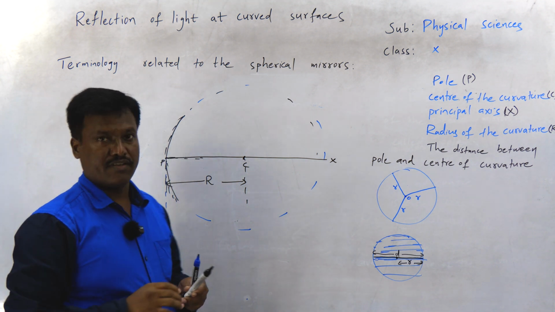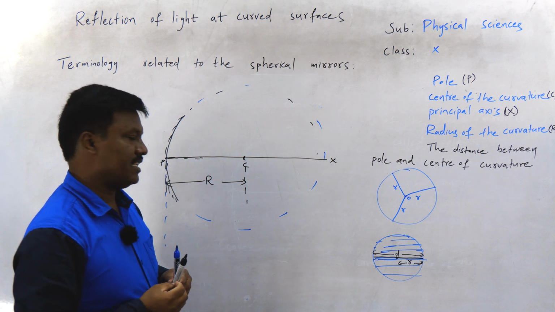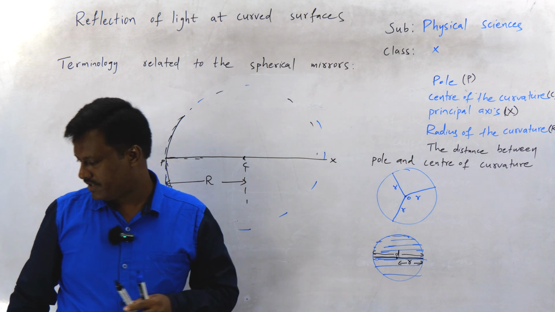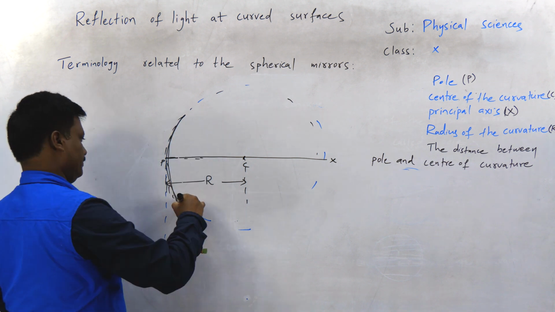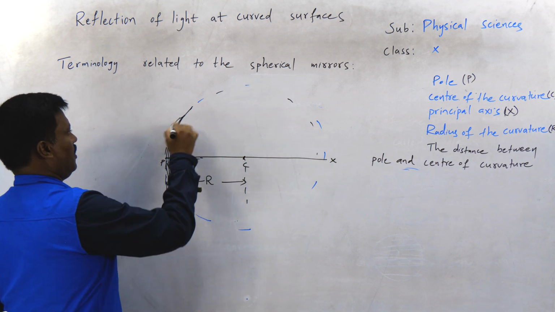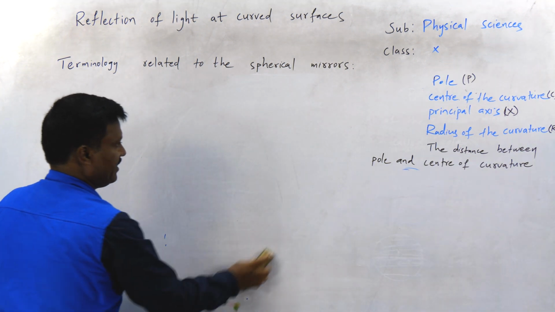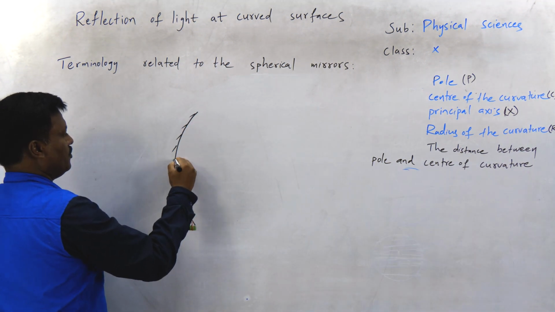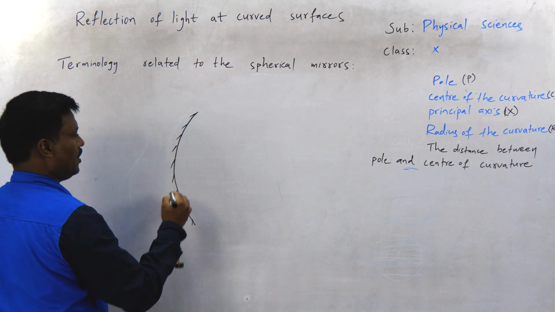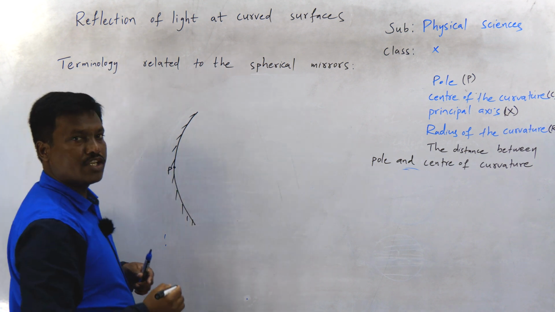Okay, next we are going to understand a very, very important terminology, that is focal point. See, this is the concave mirror, right? I'll draw it again nicely. The midpoint of the spherical mirror is called pole.